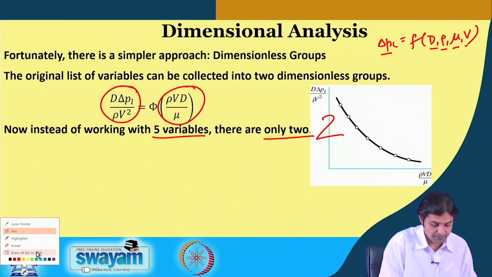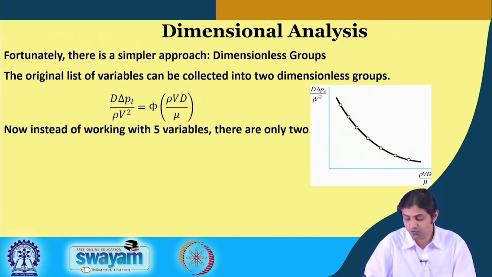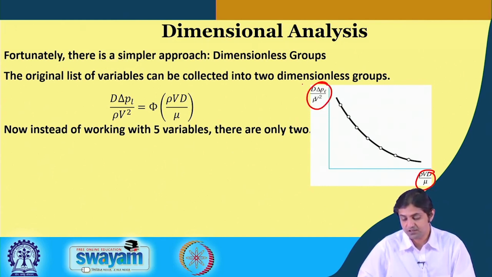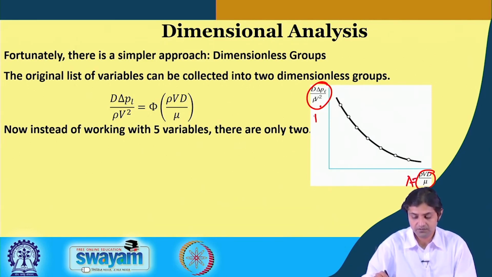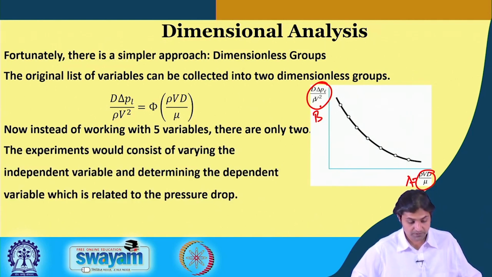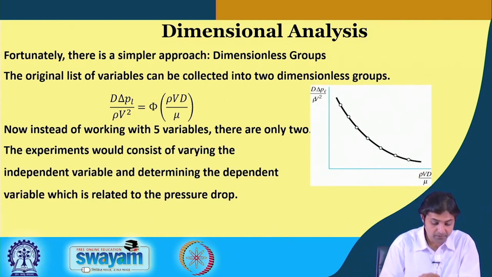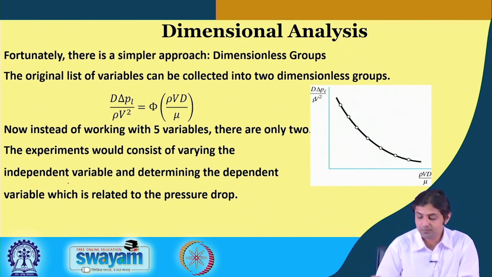Okay. And if we plot the curve between rho V d by mu and d delta P L by rho V square, a graph something like this will come, and there are only 2 variables, this and this. If we call this A and this B, it is 2 variables A and B. Now, if we try to do experiments, the experiments would consist of varying the independent variable.